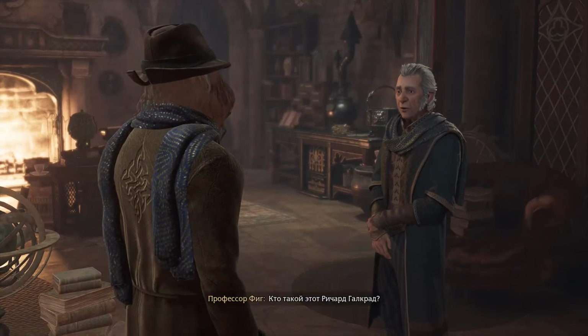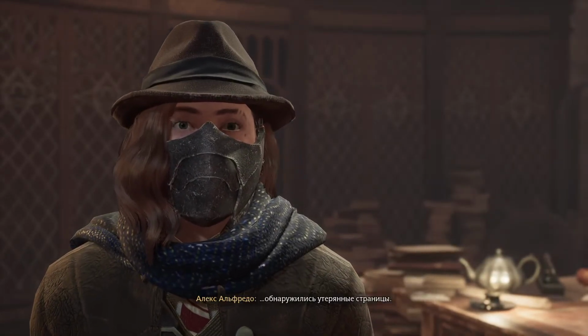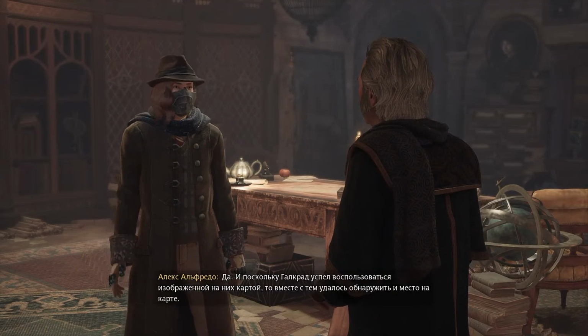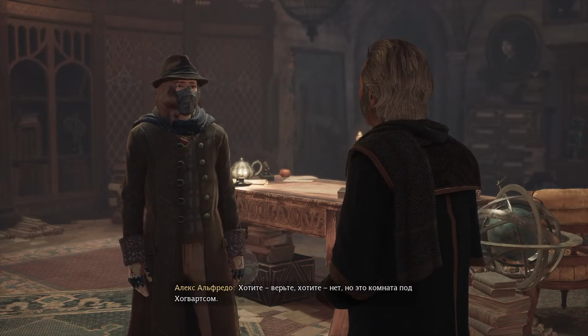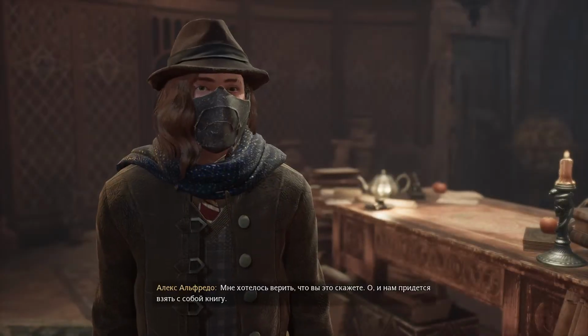Who on earth is... He was a student here long ago. Anyway, I found the missing pages. I did. And because Jackdaw had followed the map they contained, believe it or not, it's a room. Why am I not surprised? I was hoping you'd say that.